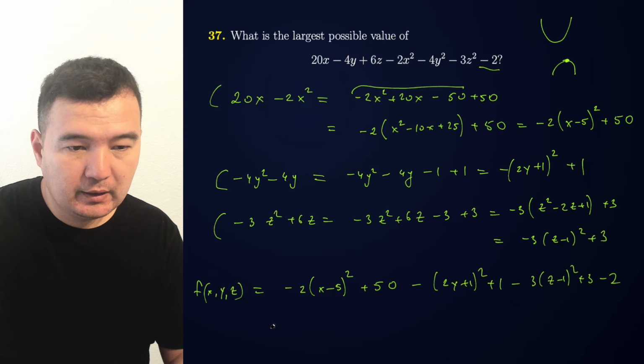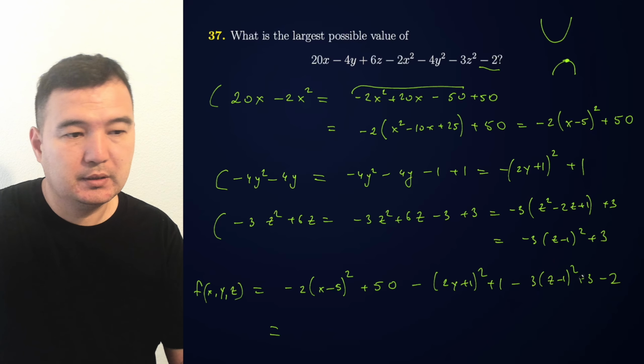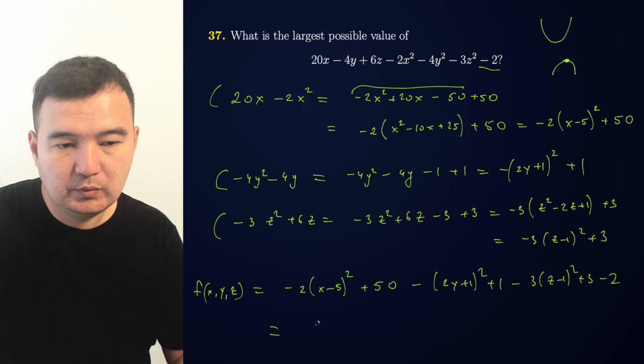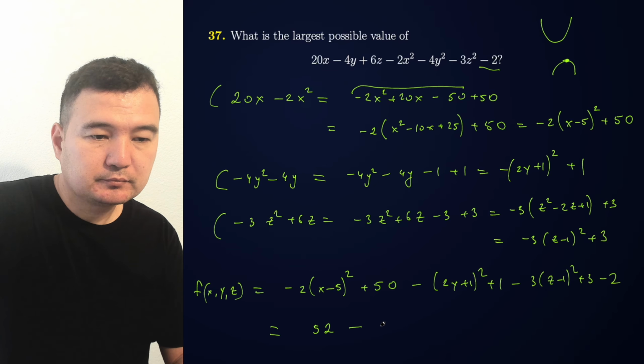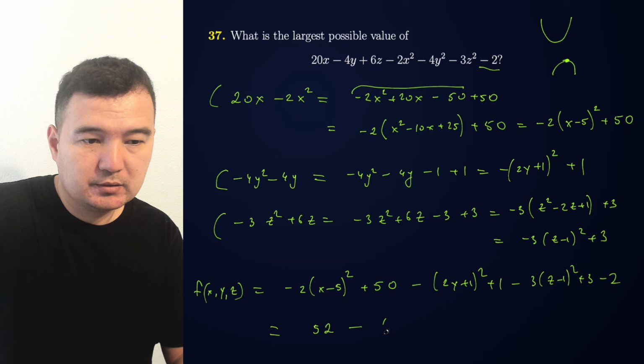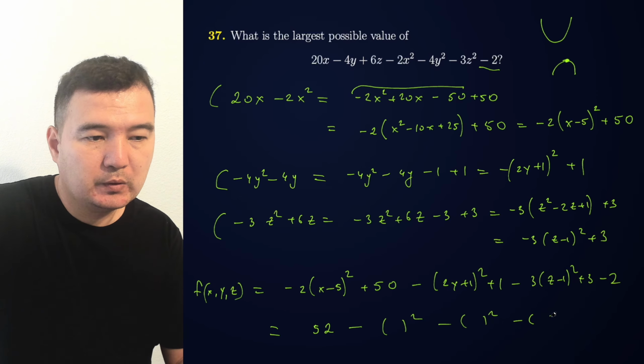If I collect all the numbers, 50 plus 1 plus 3 is 54, minus 2 is 52. And then I get minus square of something, minus square of something, minus square of something.